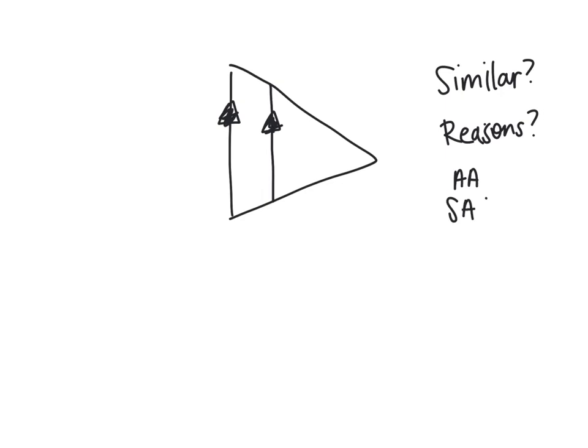And you are asked to determine, is it similar, yes or no, and then if so, why, the reasons. We have angle-angle similarity, side-angle-side, or side-side-side, or not applicable. So we need to determine first, is it a similar set of triangles? And the reason, circle which one. In the assignment today, it's a drop-down box.